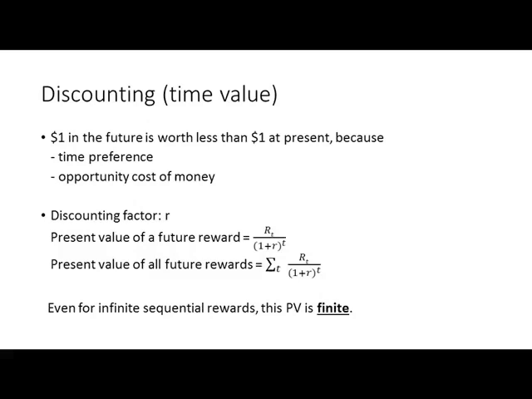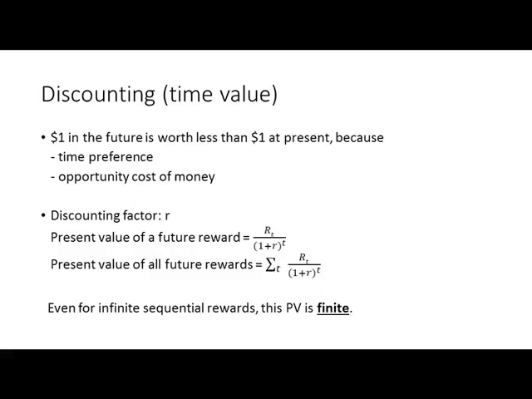That's called time preference. And the other thing is opportunity cost. It can be opportunity cost of money, because if you have money now, you can save the money, you can invest the money, you can buy good stuff for you, and that's the opportunity cost of money. And if you have good health now, you can also make investment and so on, right? So the two concepts together ensure that everything has a time value. So things happening in the future have less value than things happening now.